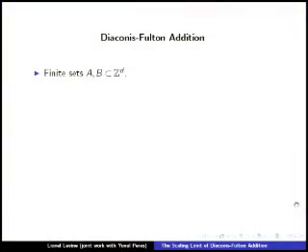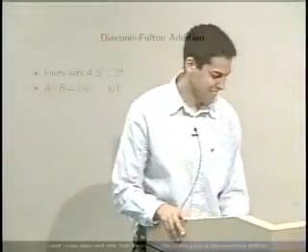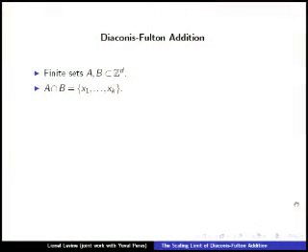Okay, so what is Diaconis-Fulton addition? Say we're given two finite sets in the integer lattice Z^d, which have some intersection, and let's label the points of the intersection x1 through xk. And we're going to form a new set, which we call A plus B. This is going to be a random set.